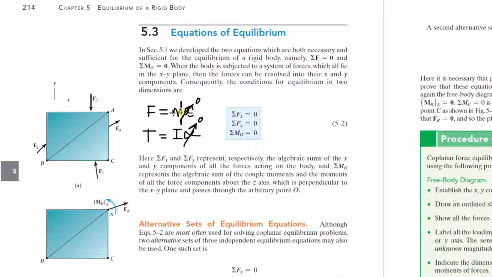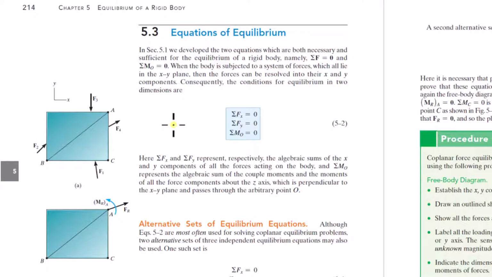If it wasn't 0, then you'd have a mass times acceleration to deal with. The sum of the moments is going to be equal to 0 as well. That equivalent couple moment is going to be equal to 0 as well. If it wasn't, you'd have an angular acceleration to deal with. You can think about this as having like an ma here, but a is equal to 0. This is like having an I alpha here, but alpha is equal to 0.